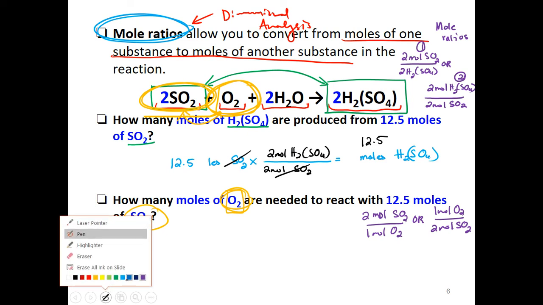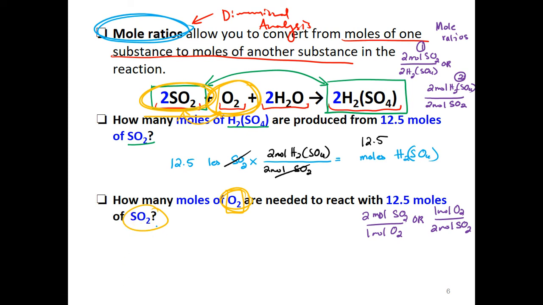So let's do the problem now. They want us to end up with moles of O2. So that means we are looking for moles of O2 and we are starting with 12.5 moles of SO2. Multiplication sign, line, equal sign.